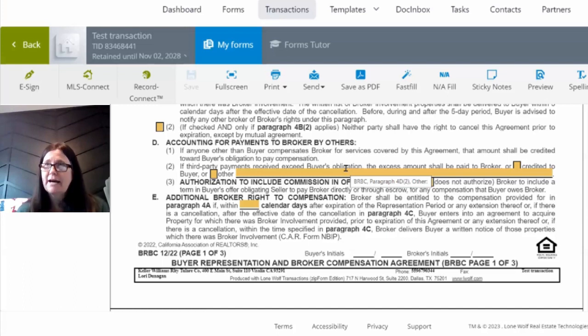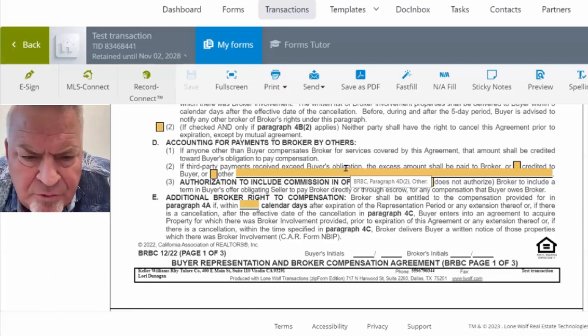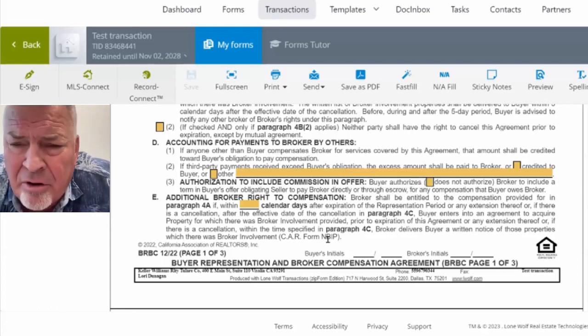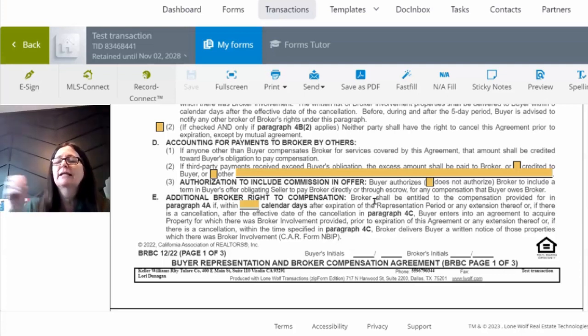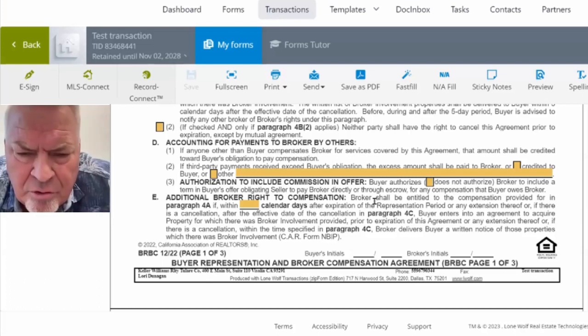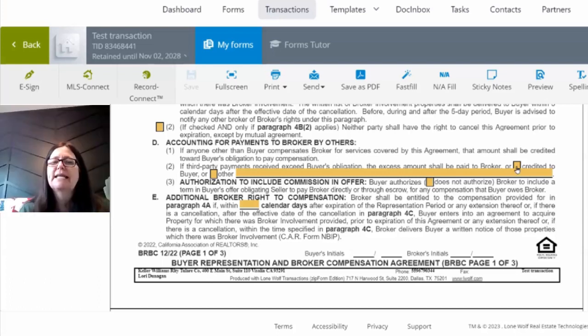But what happens if we are at a 2.5% agreement with the buyer and the listing side is paying 3%? Now there's an extra 0.5%. What happens with that? You'd better have that box checked right there, or else it goes to the broker. By default, it automatically pays to the broker. If we check this box, then it would be credited to the buyer. So at the close of escrow, the buyer would get that extra 0.5% instead of us if we check this box.